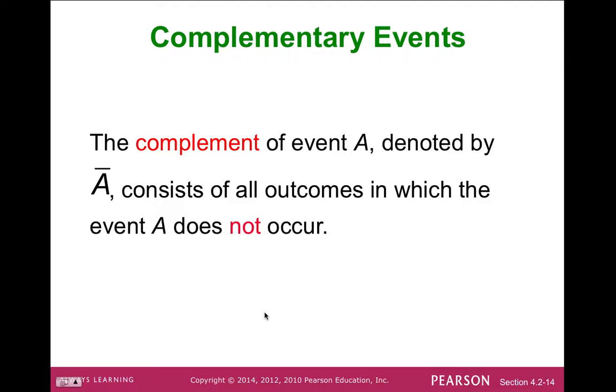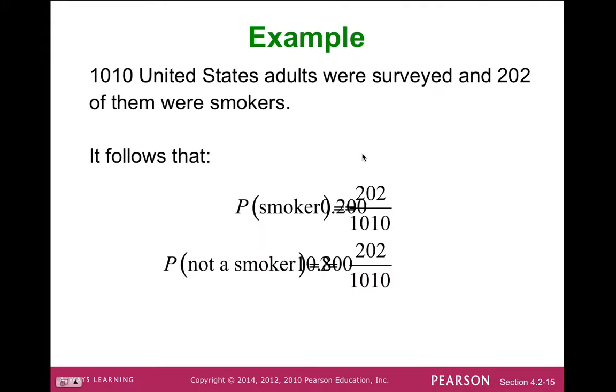So essentially you have event A, and then you have not A. And between the two of those, that is all the different possibilities that can happen. Because you can't have both event A and not A. It really has to be one or the other. And not A, or A with the bar over it, is considered to be the complement of event A.